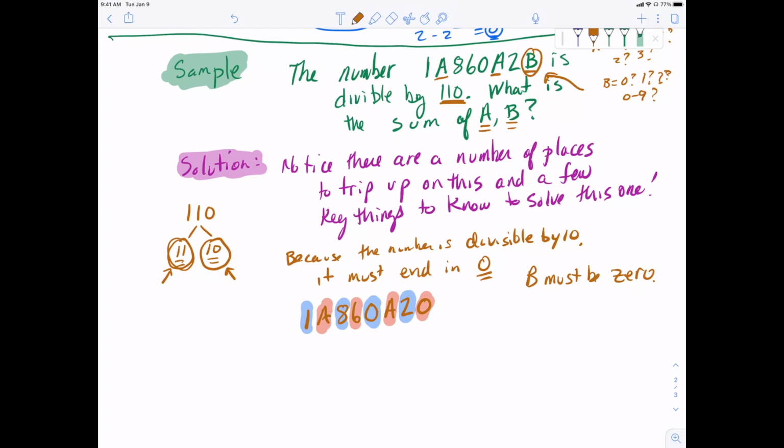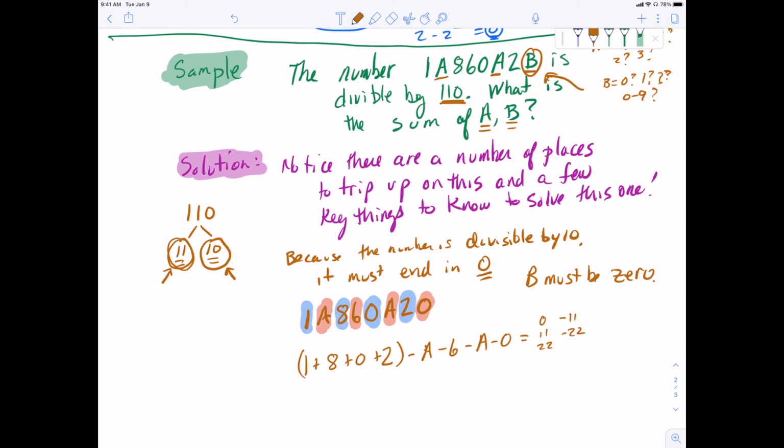So let's keep going. 1 plus 8 plus 0 plus 2 minus A minus 6 minus A minus 0 equals 0, 11, 22, negative 11, negative 22. We're not sure yet what it has to equal, but we'll do some analysis in a little bit.